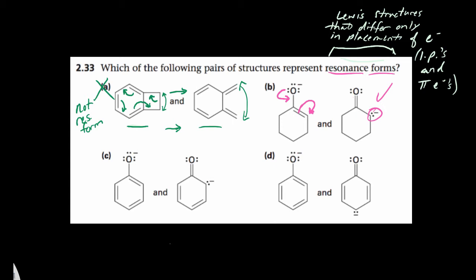So let's do another one here. Let's look at this one. So again, we have an oxygen with 3 lone pairs and a negative charge. Here we have an oxygen with a double bond, and then another lone pair, a pair of electrons in this pi bond. Now this pi bond is gone in this structure, but there's a lone pair here.